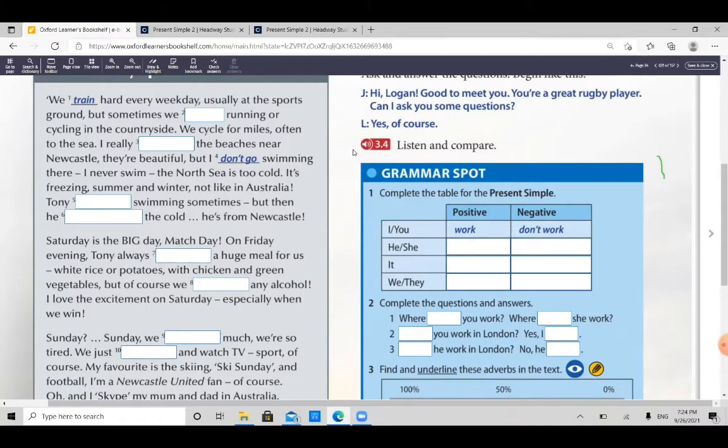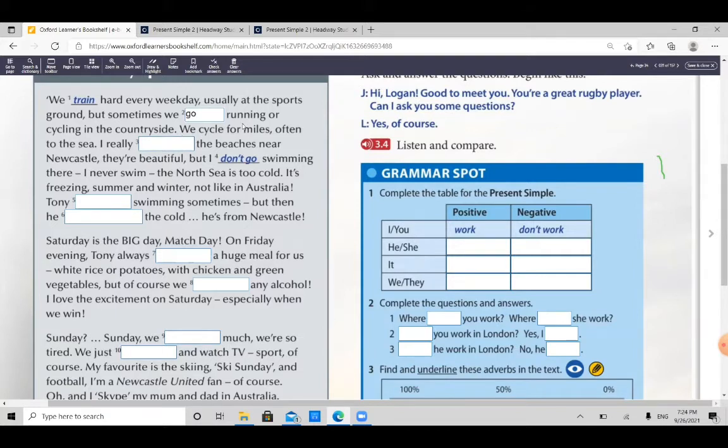Okay. Yes, let's start with Shuruq. Yes, teacher. We train hard every weekday, usually at the sports ground, but sometimes we go running or cycling in the countryside.